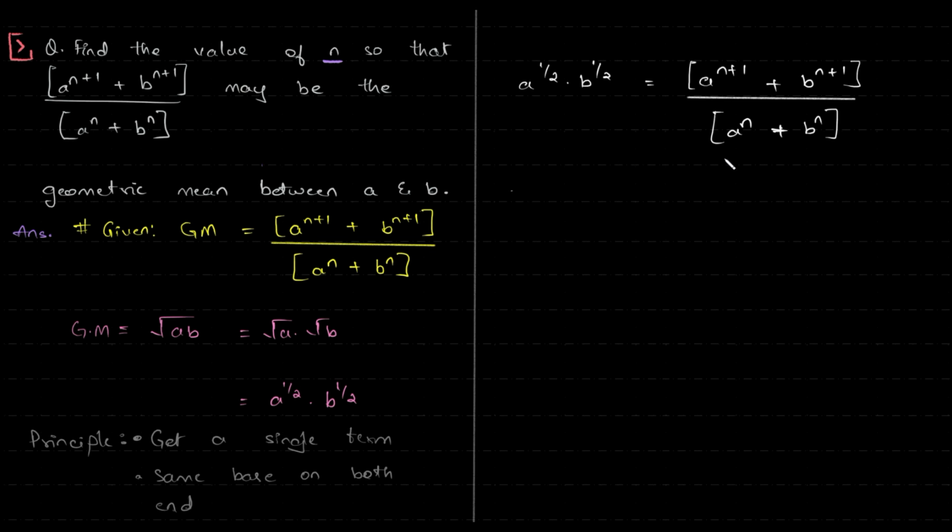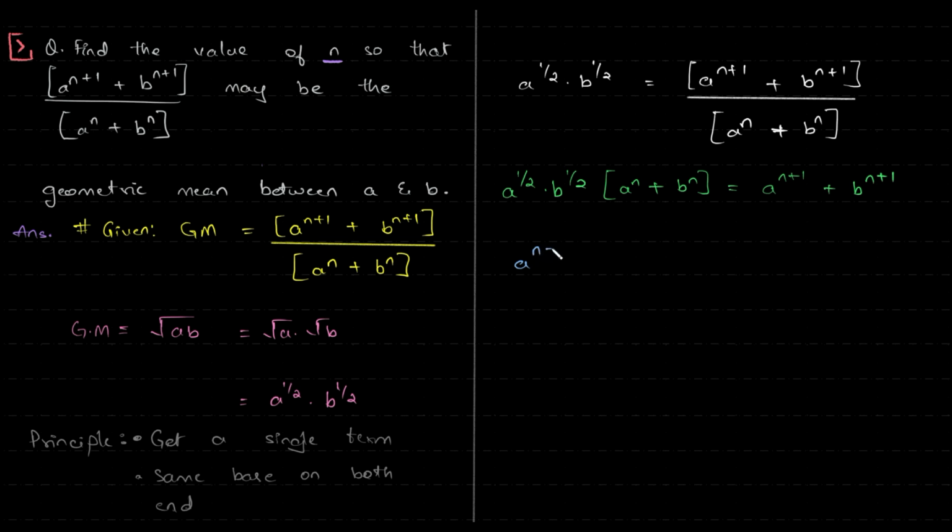We have a denominator over here, so I'll transpose it over there. So a to the power of half into b to the power of half is multiplied with a to the power of n plus b to the power of n, which is equal to a to the power of n plus 1 plus b to the power of n plus 1. And now we have a to the power of half into b to the power of half into a to the power of n.